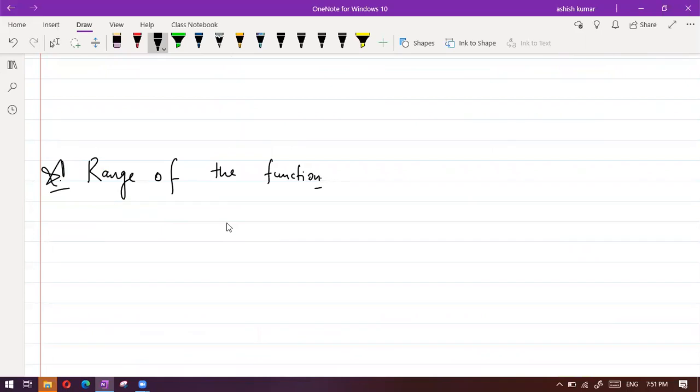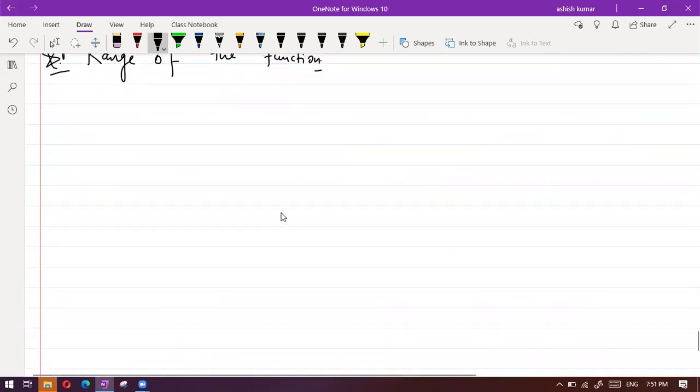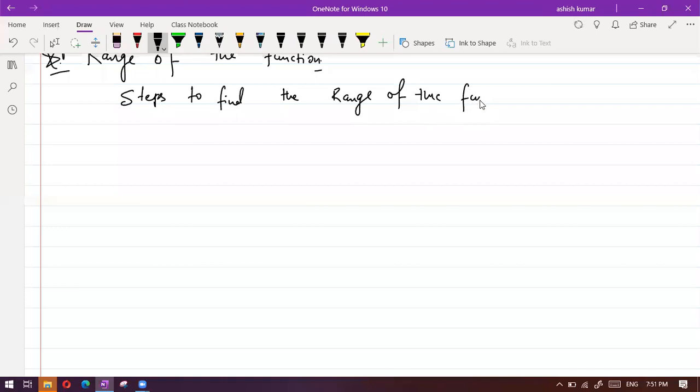So write down the steps to find the range of the function. Step 1: put y is equal to f(x).